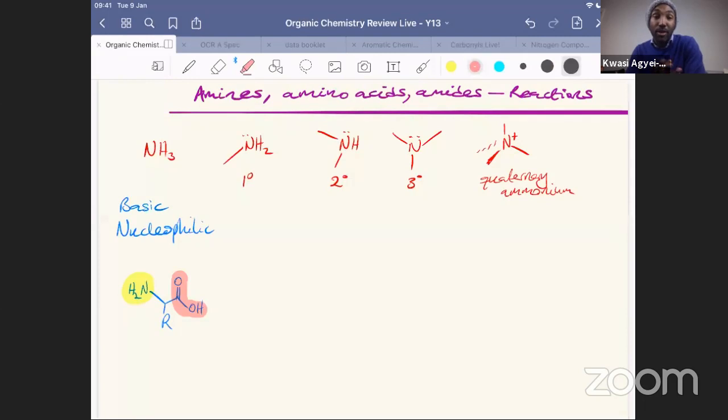So a primary amine, for instance. If we look at the behavior as nucleophiles, there are a number of reactions you could carry out.